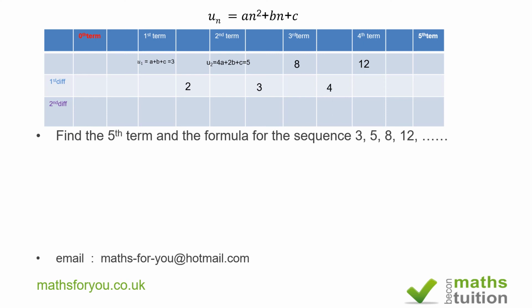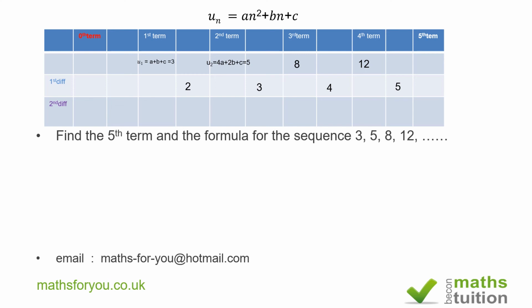Now note here that these are going up in 1s, so that's a difference of 1 there, difference of 4 there. So we expect in this cell here 5. So if we do that, we end up with 5.